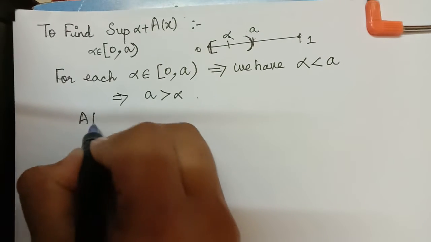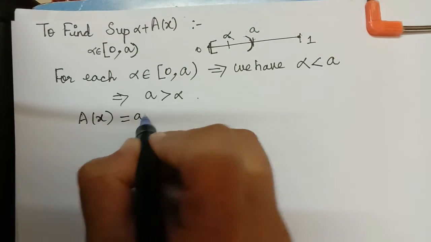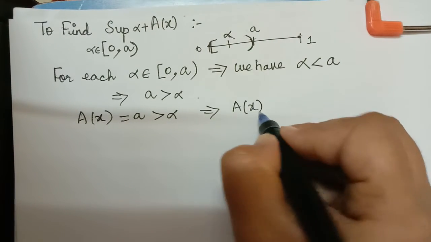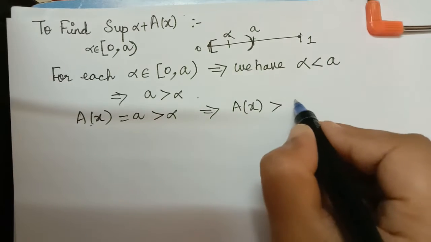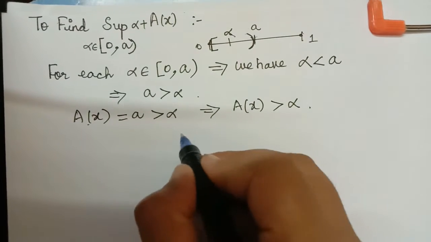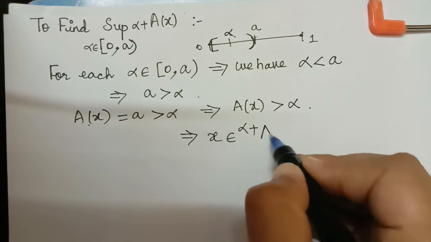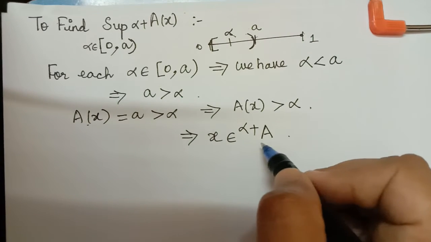From this we can say that A of x is equal to a, which is greater than alpha, and so A of x is strictly greater than alpha. Now if A of x is strictly greater than alpha, we can say that x belongs to the strong alpha cut of A by the definition of strong alpha cut.